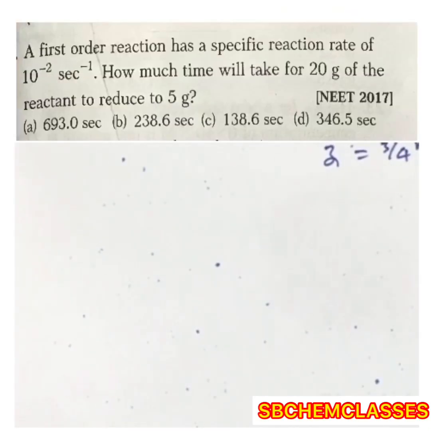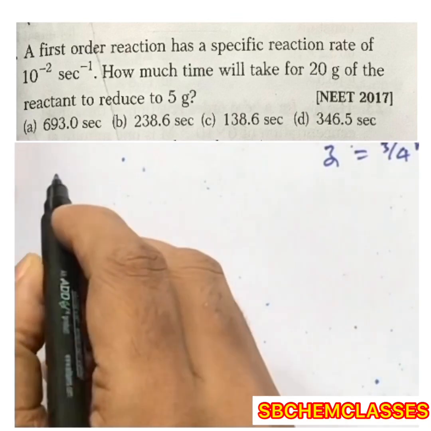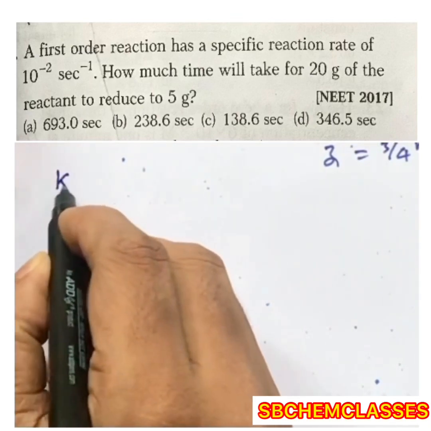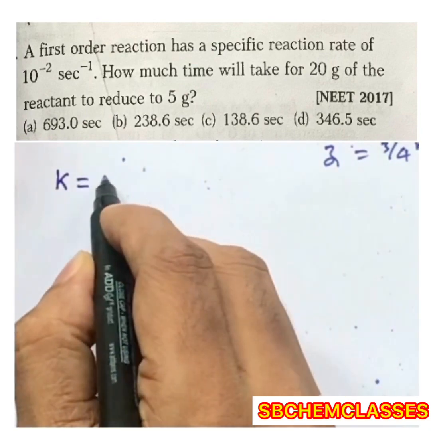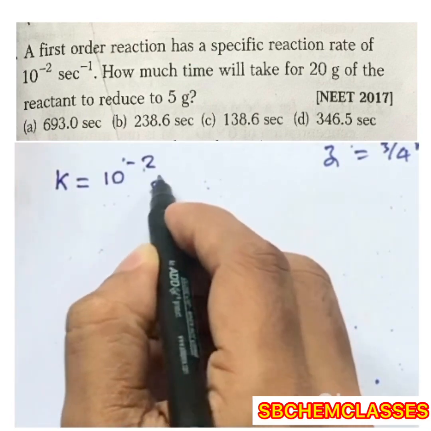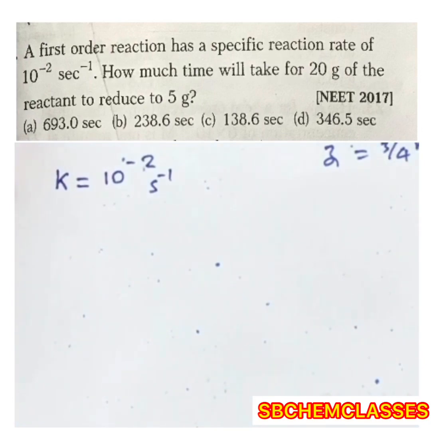A first order reaction has a specific reaction rate of 10 raised to minus 2 second inverse. How much time will it take for 20 gram of the reactant to reduce to 5 gram? Specific reaction rate means rate constant. Rate constant K is 10 raised to minus 2 second inverse. We have to find the time required for the conversion of 20 gram of the substance to 5 gram.